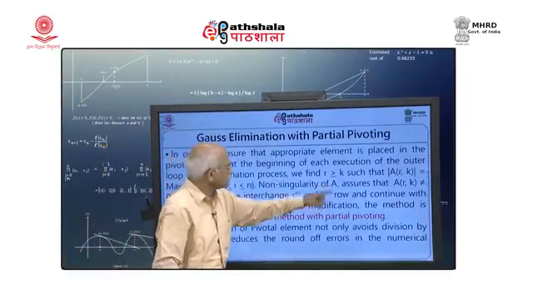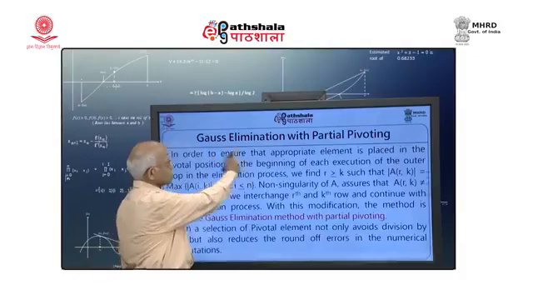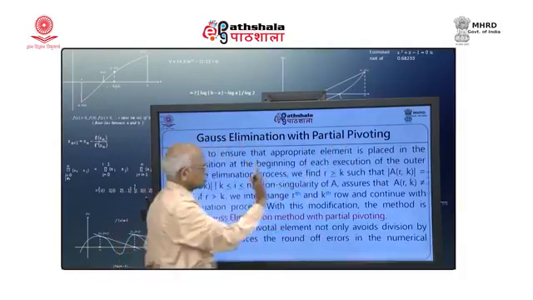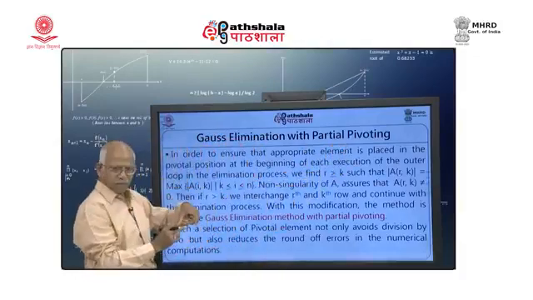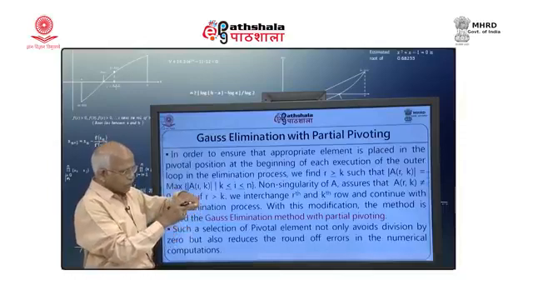This is Gauss elimination with partial pivoting we are talking about. At the kth step, we have the a_kk element here.